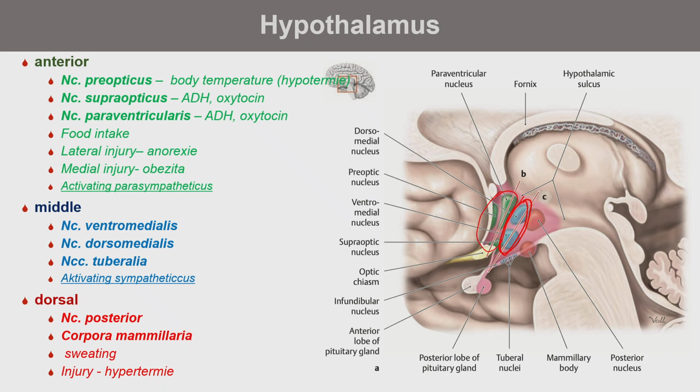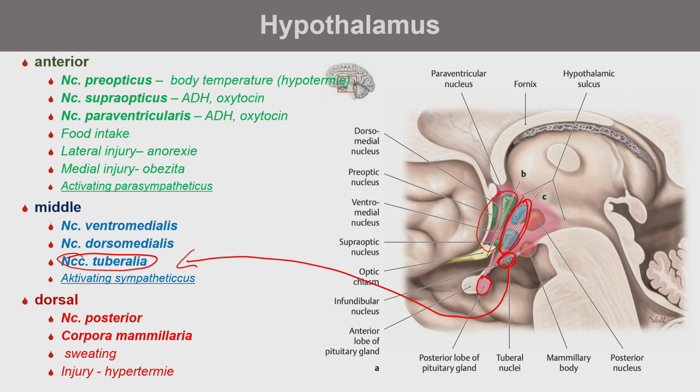They have an interesting, important third part, which is localized in the region of the tuber cinereum, and all those nuclei have some relay to the neurohypophysis. Those nuclei, please remember, are the tuberal nuclei.